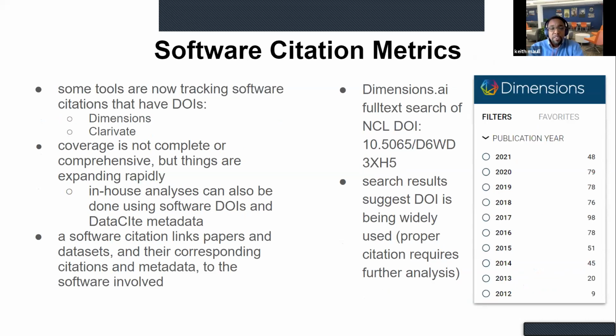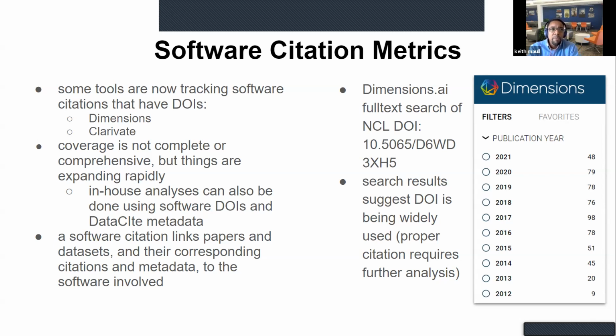And of course, there's the metrics aspect of this, right? We are seeing some uptake in tools out there, Dimensions, Clarivate. They're certainly noticing that data and data sets are an important part of the metrics products that they're delivering to their end users. But this coverage is not complete.